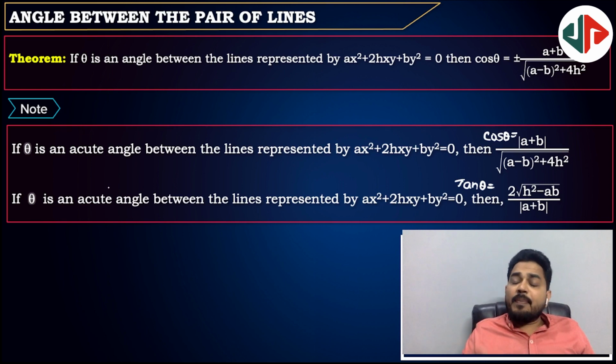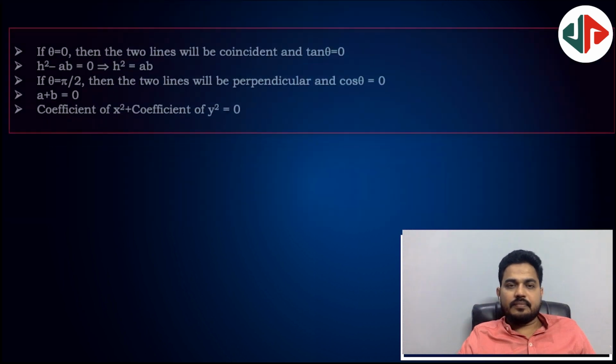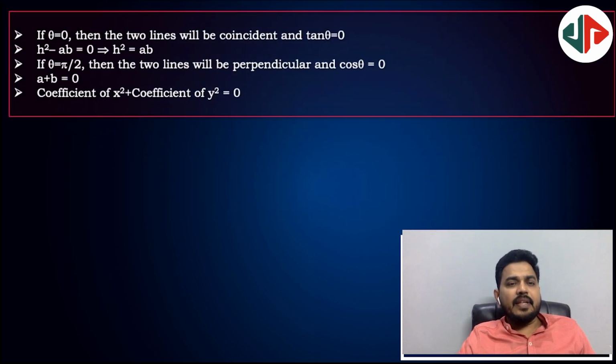There is a printing error here. And if a plus b is equal to 0, those lines are perpendicular. If theta is equal to 0, then the lines coincide and tan theta is equal to 0.